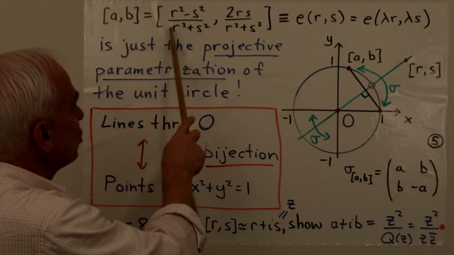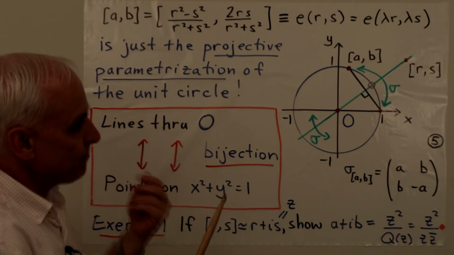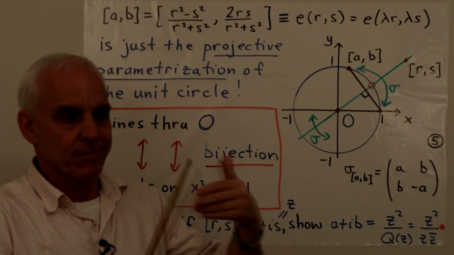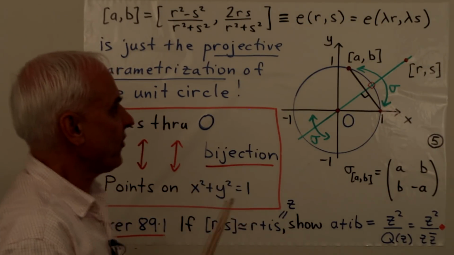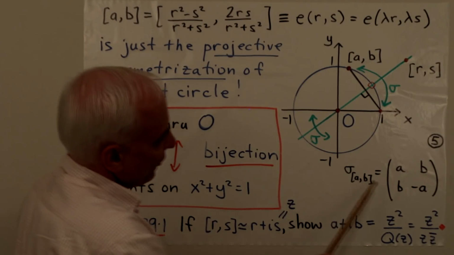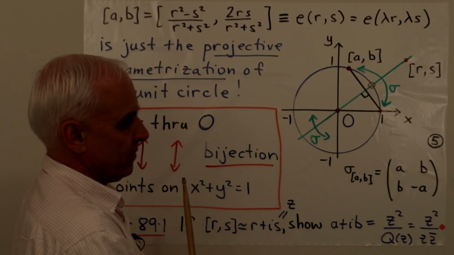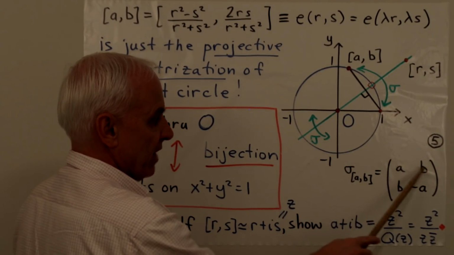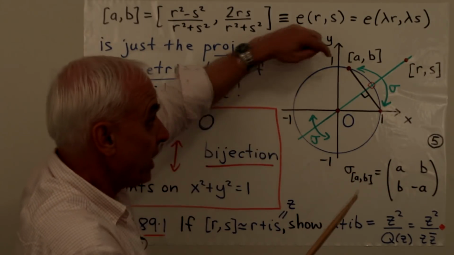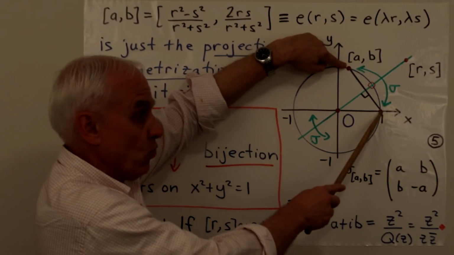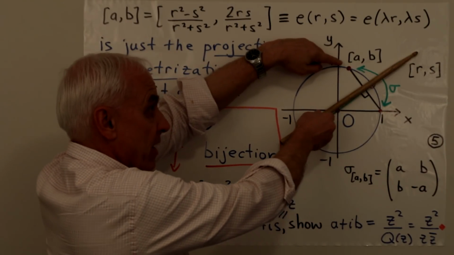The a and b is just the point on the unit circle whose projective coordinates are r, s. And because this is the form for the matrix, when you multiply by 1, 0, you're going to get the vector AB. So geometrically, the significance of this point AB is that it's the reflection of the point 1, 0 in the line that we're considering.